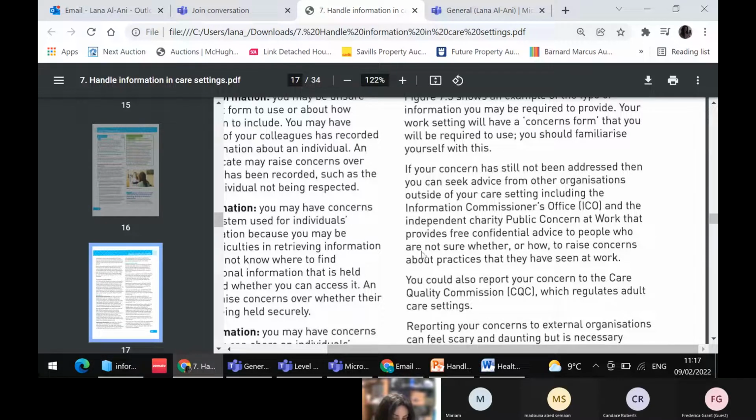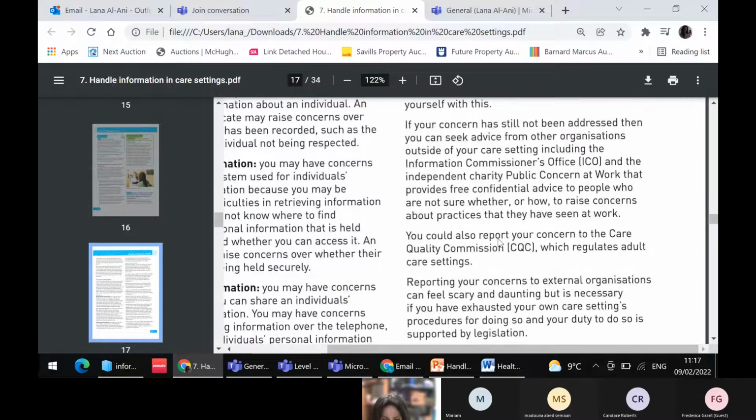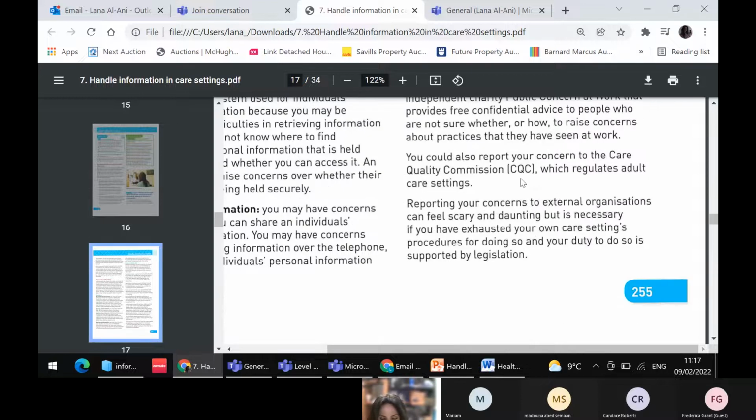They provide free confidential advice about what people should do according to any concerns they have in the workplace. And also I can report it to the Care Quality Commission, which is CQC, which regulates the adult care setting.